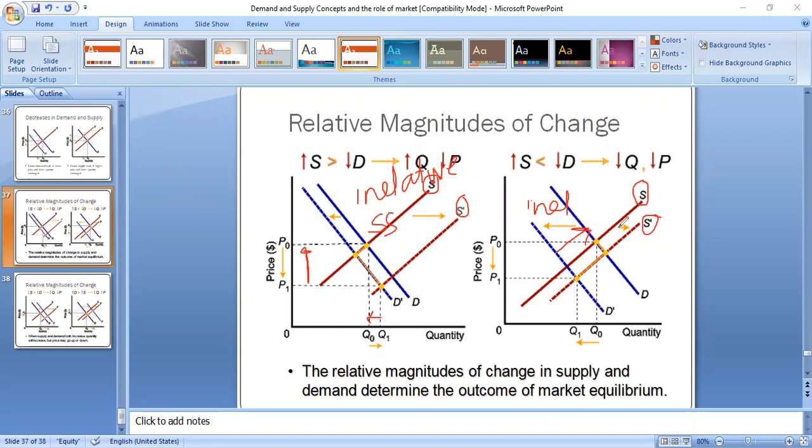But all this depends on the elasticity. It also depends on the magnitude of the change in the demand, right? The magnitude of the change in the demand will determine by how much the supply also changes.